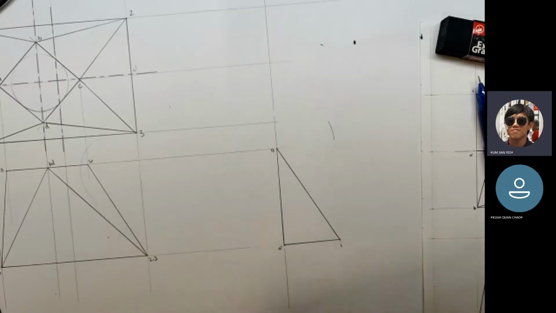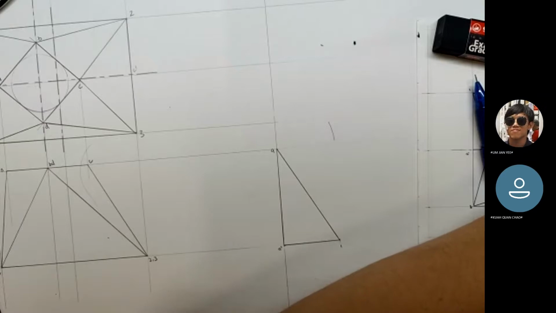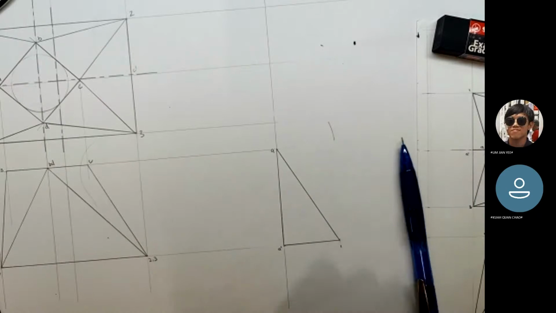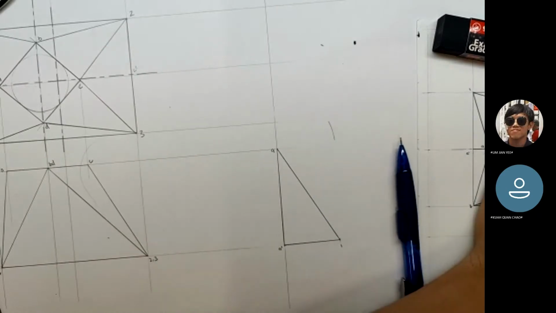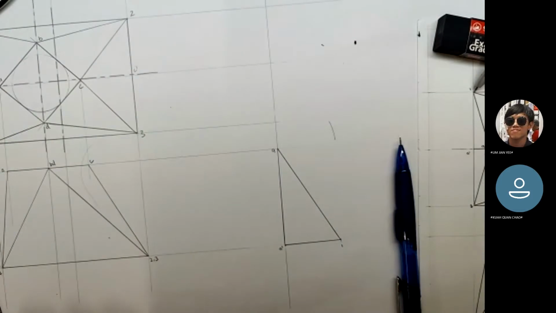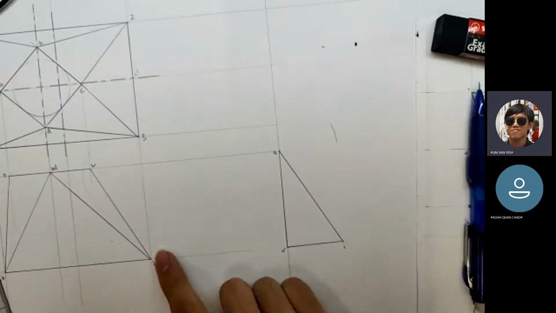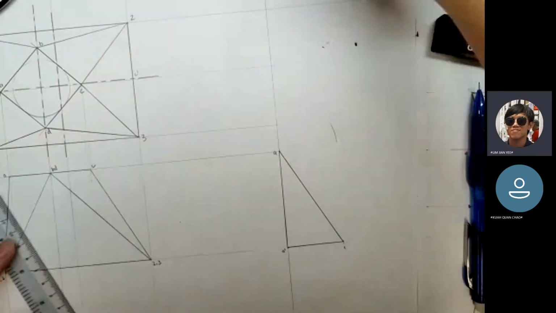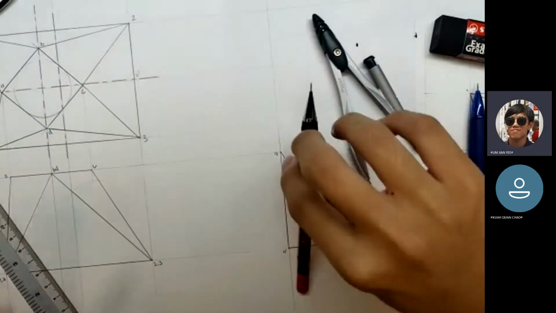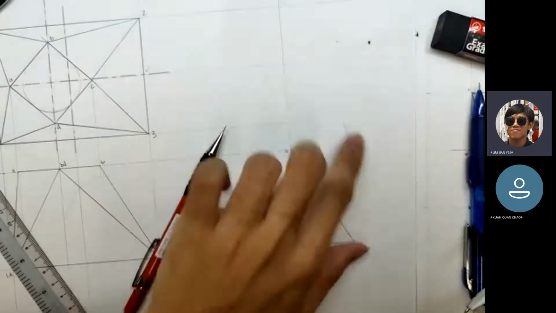The distance of 1 to B. So what you want to do here, right, is let me just draw a datum line. I'll just use this point. So what you want to do here? What's the distance between 1 to B?